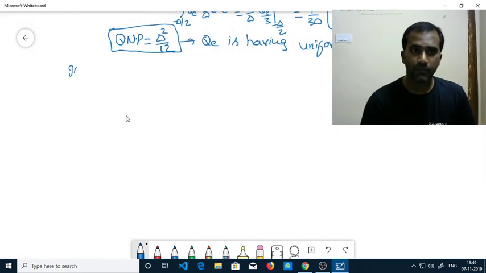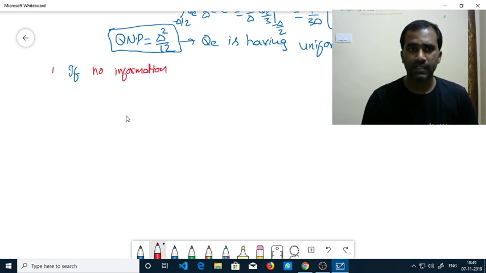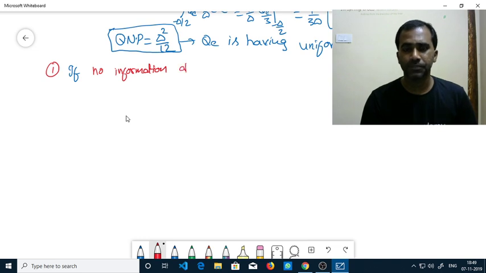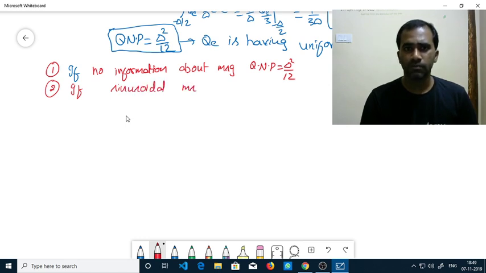First case: if no information is given about the message, then you can use the quantization noise formula as delta squared by 12. Second, if the message is sinusoidal, then also you can assume the quantization noise power to be delta squared divided by 12.